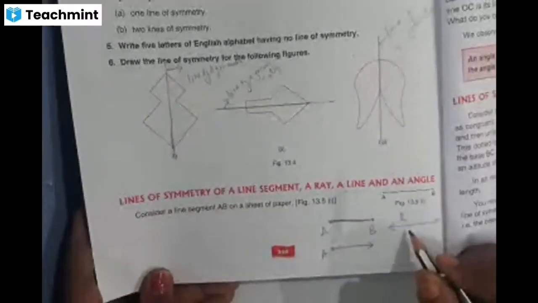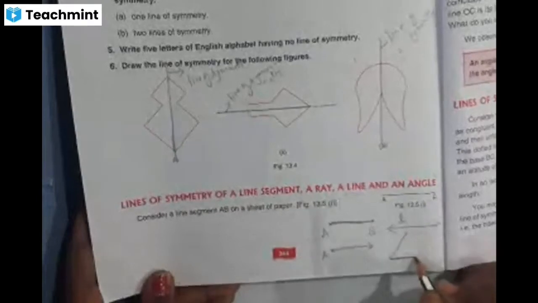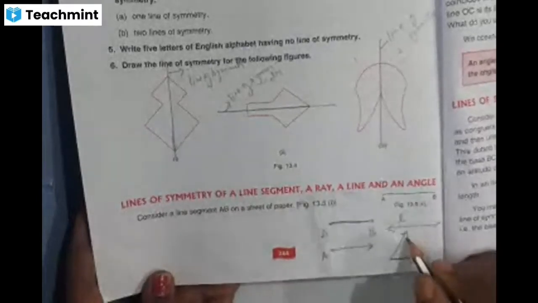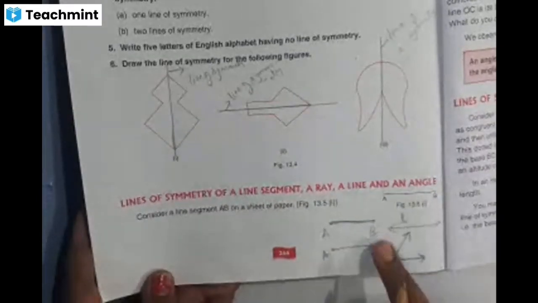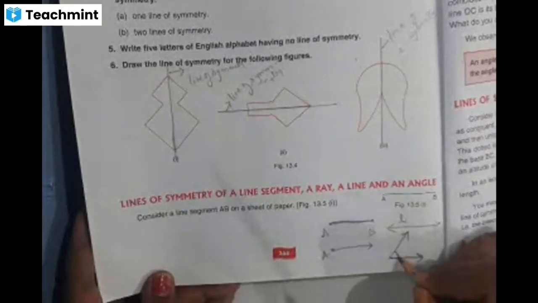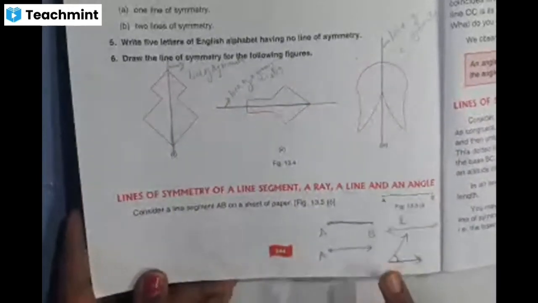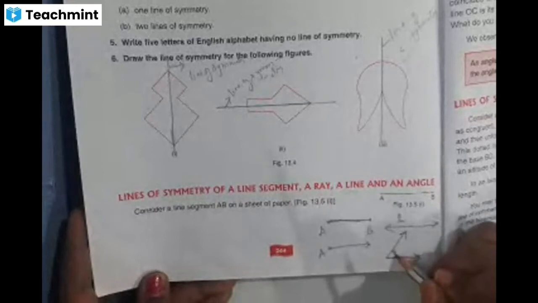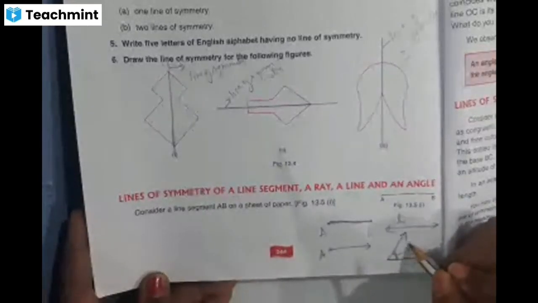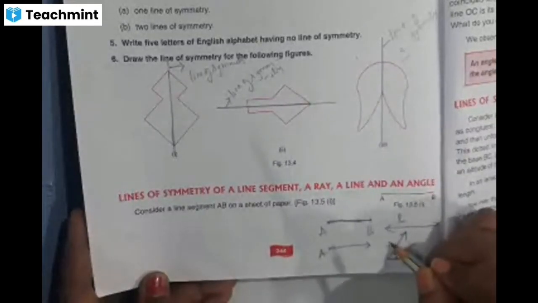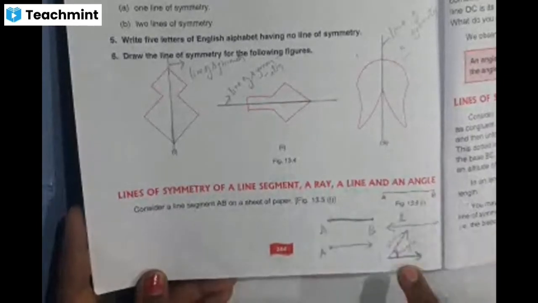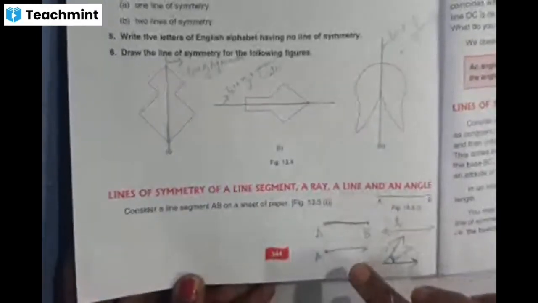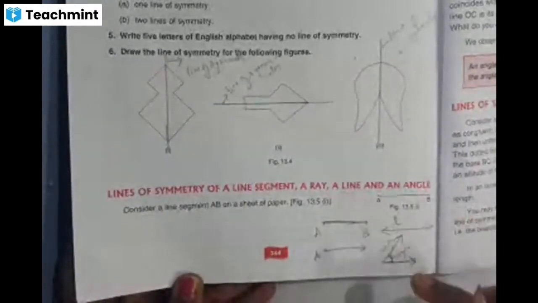You know, an angle means it has got two rays, and the two rays are coinciding at one point. This point we call the vertex of the angle, and these are the arms of the angle. In this way you get an angle, children. So these are all about line segment, ray, line and angle.